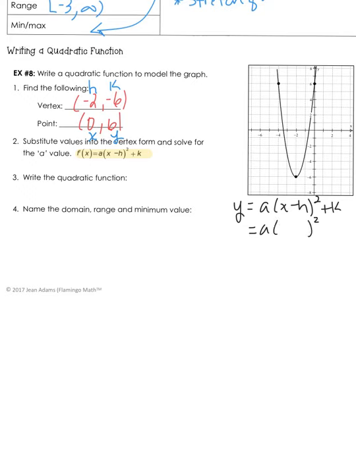So my y value is 6, my x value is 0, my h is a -2, so I want the opposite of that, which is a +2, and my k is a -6, and I want exactly that. So then from here you're just crunching the numbers. 0 plus 2 is 2, squared is 4, times a is 4a.